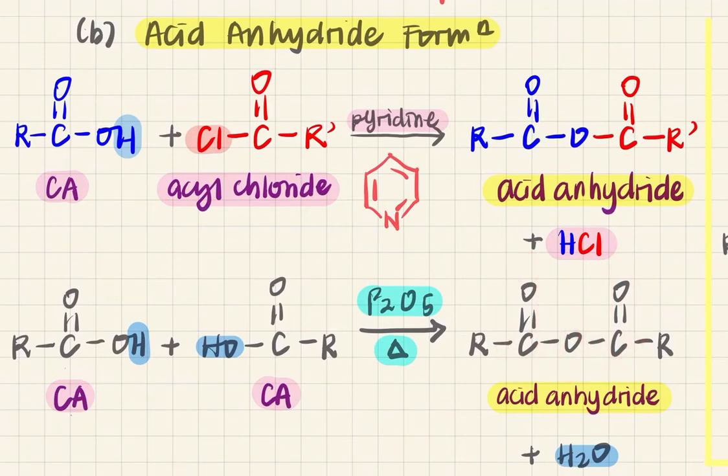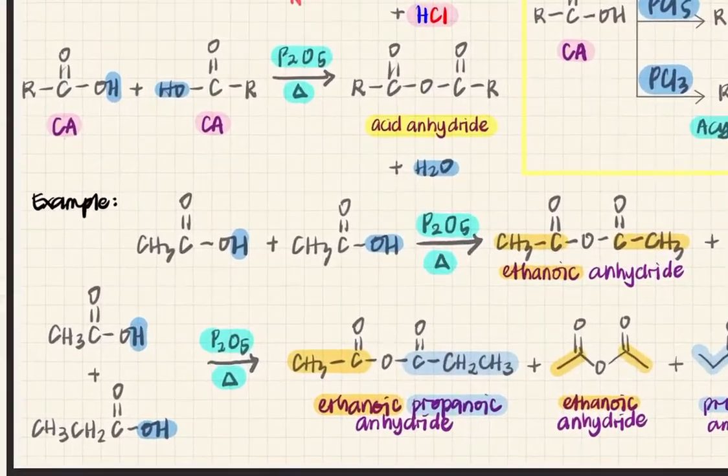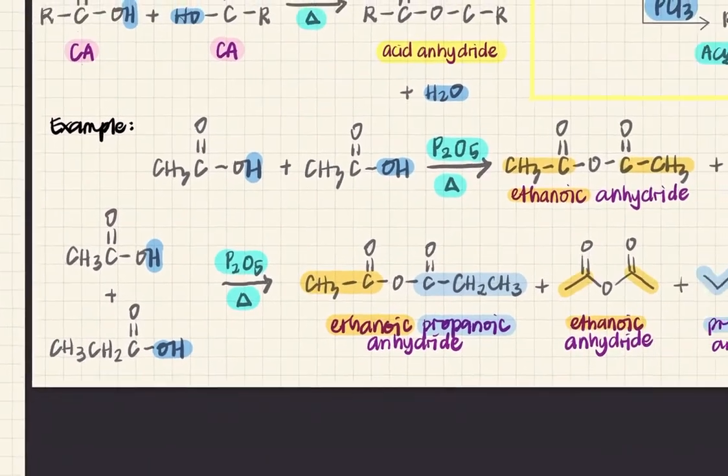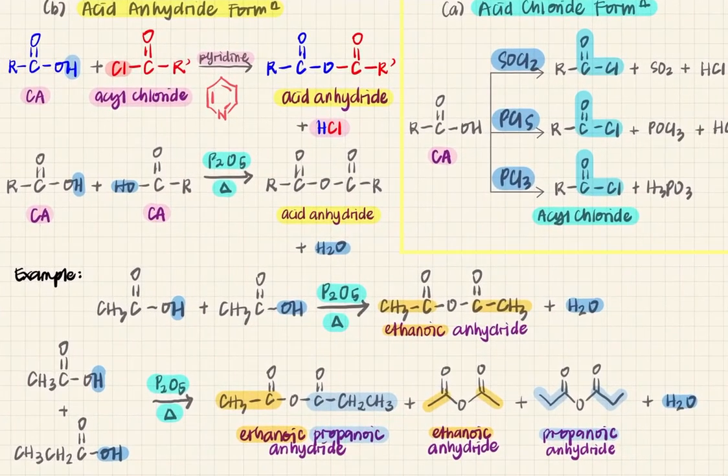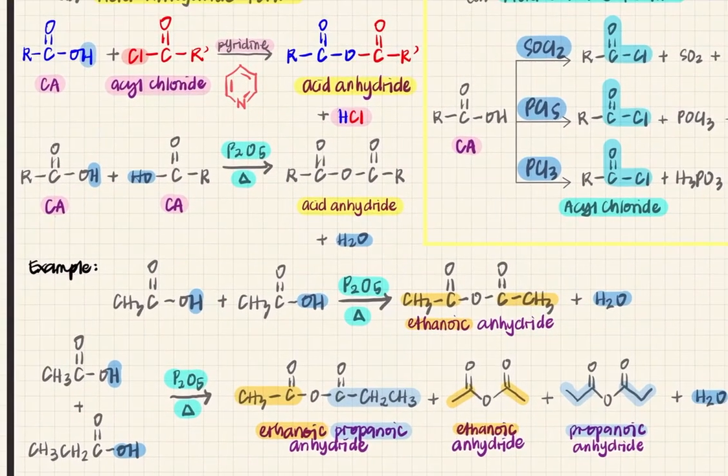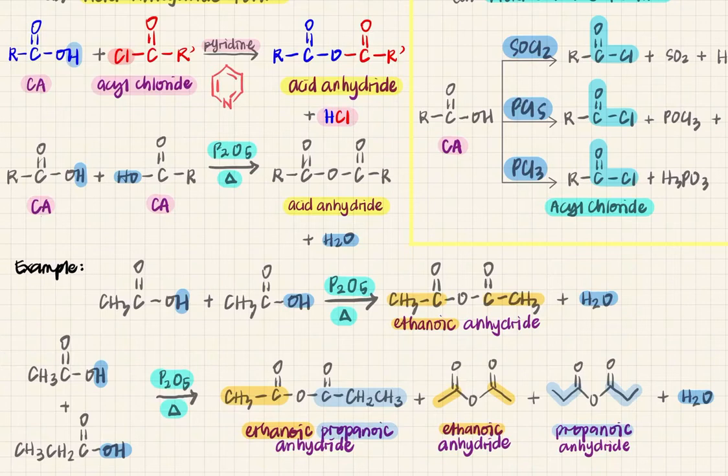Okay. So you can form different acid anhydrides. Contohnya, if you react, ini apa nama dia? Dengan ni. The same carboxylic acids. These are ethanoic acid because you have 2 carbons. So ethanoic acids together. Okay.